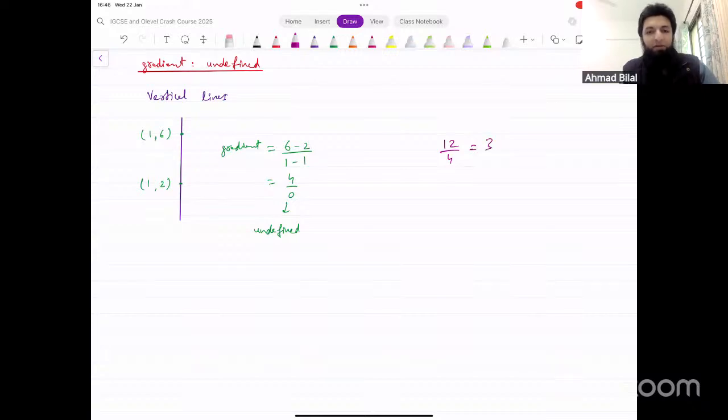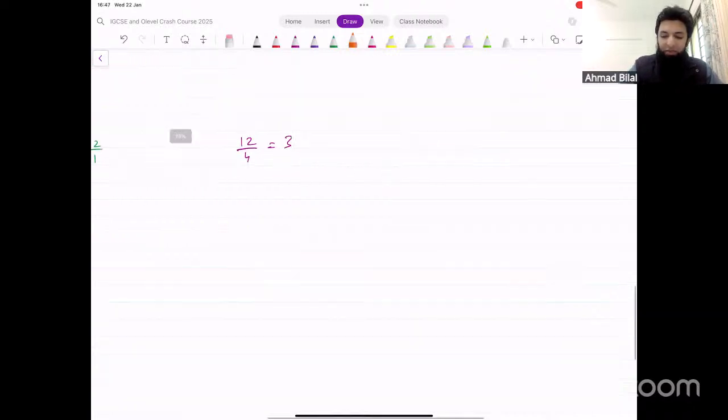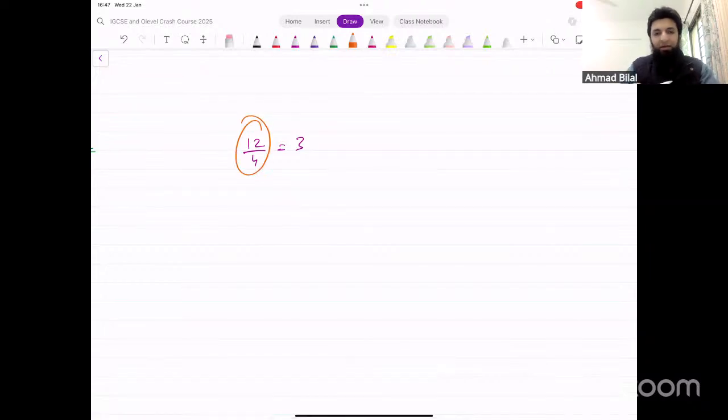Now, why is it 3? It's 3 because 12 over 4 is basically asking how many 4s can we add to get 12? Or what do we multiply 4 by to get 12 as the answer? We multiply 4 by 3, and that would give us 12 as the answer, right?